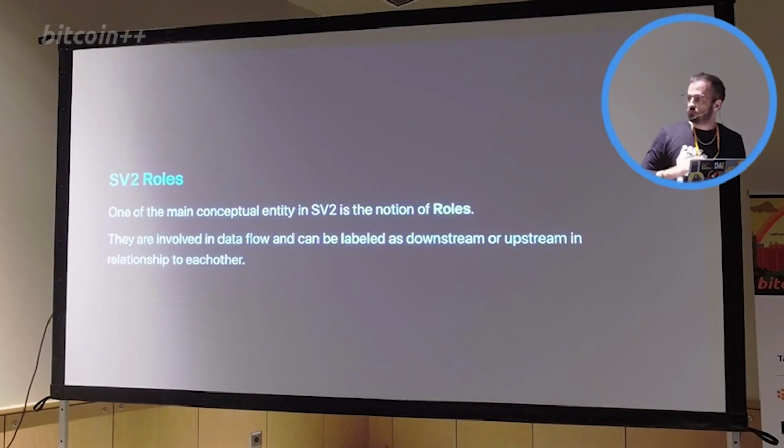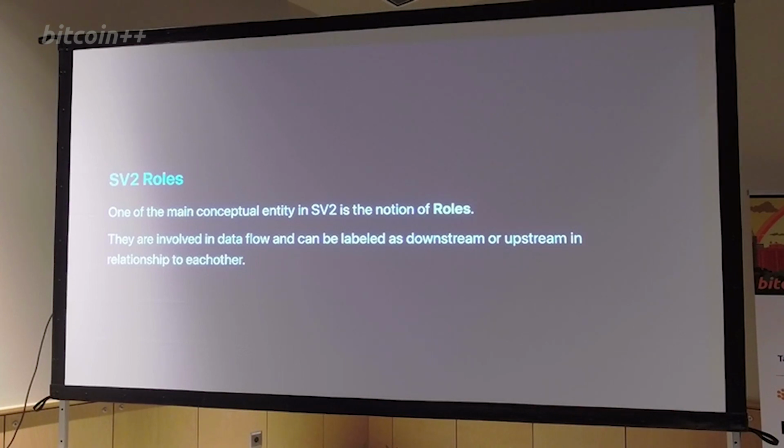So, some conceptual foundation on Stratum V2. We have the notion of roles, right? And it's probably the main conceptual entity. You're always thinking in terms of roles for Stratum V2. They're involved in data flow, and can be labeled as downstream or upstream in relationship to each other.